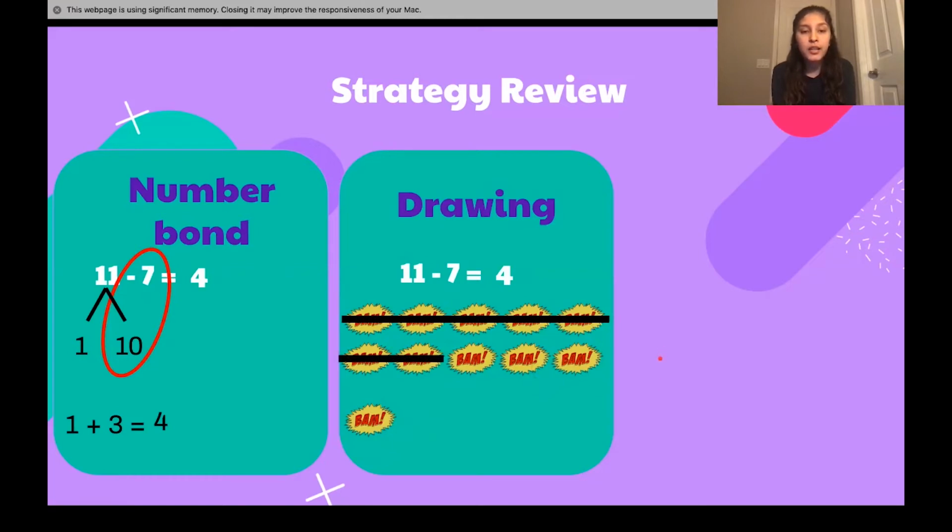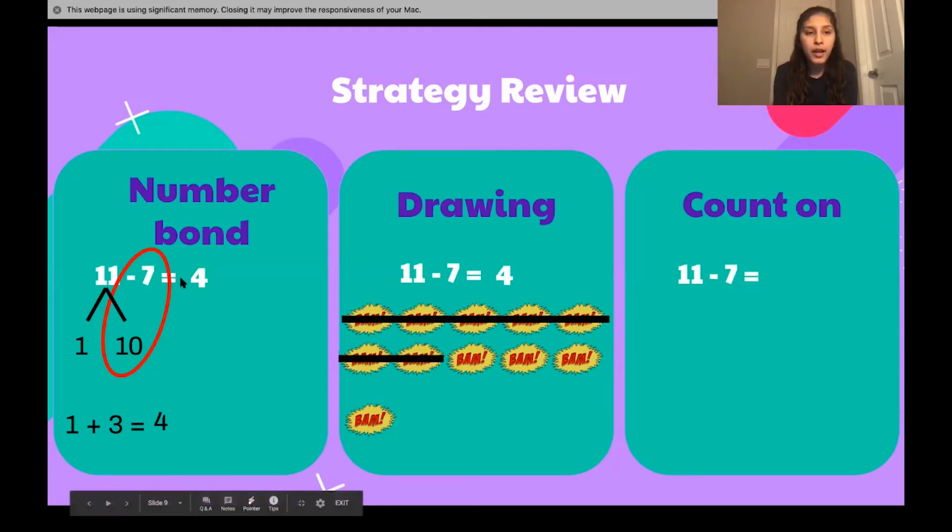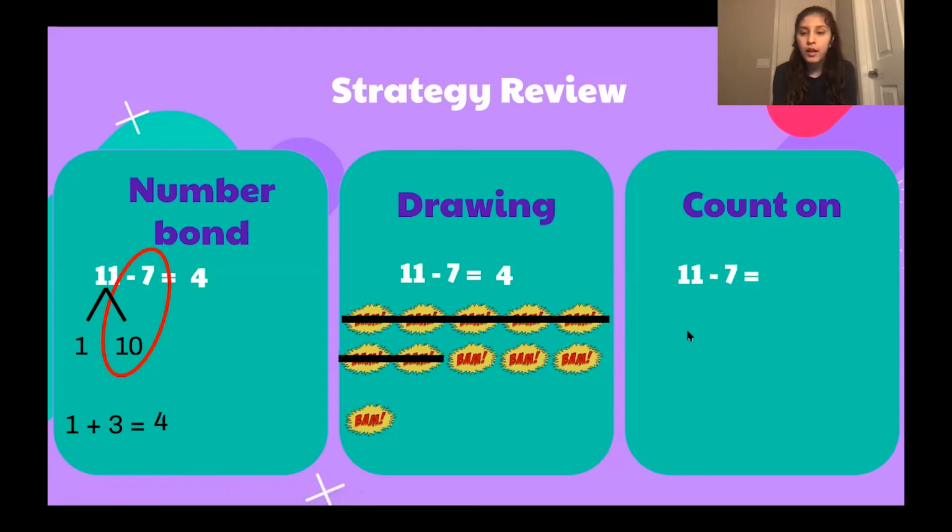And then the next strategy is count on. So the count on one, you can use your fist if you don't have counting blocks, which is totally fine, or you can draw something.